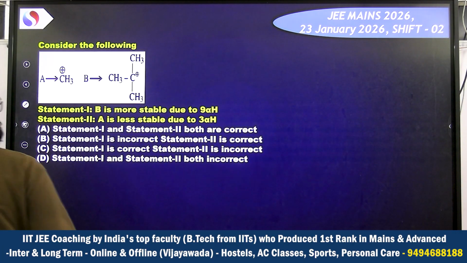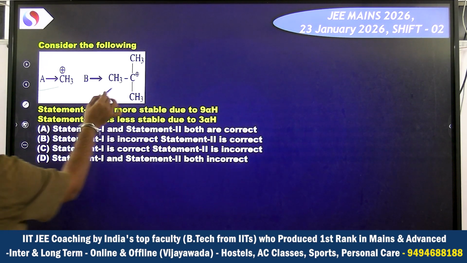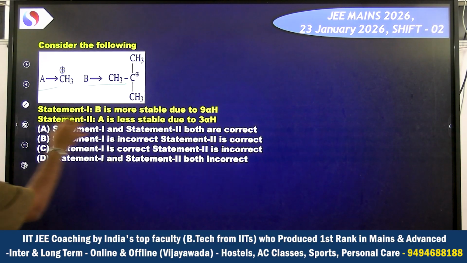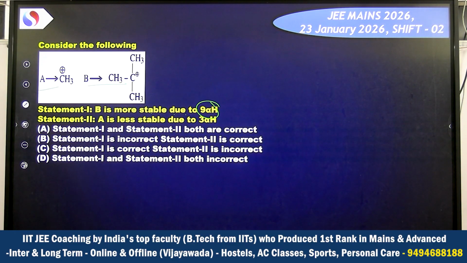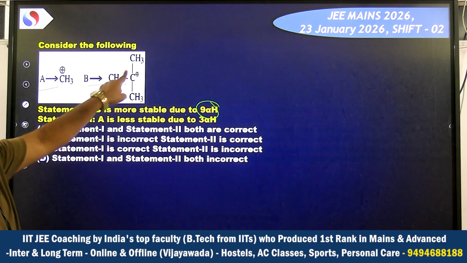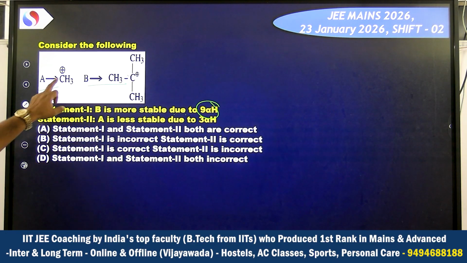Chalo. Next, consider the following. This is A and this is B. The statement 1: B is more stable due to 9 alpha hydrogens and C is less stable due to 3 alpha hydrogens. Arre bhaiya, kya sawaal hai, maza aa gaya. 3 degree carbocation, 1, 2, 3, 9 alpha hydrogens only.